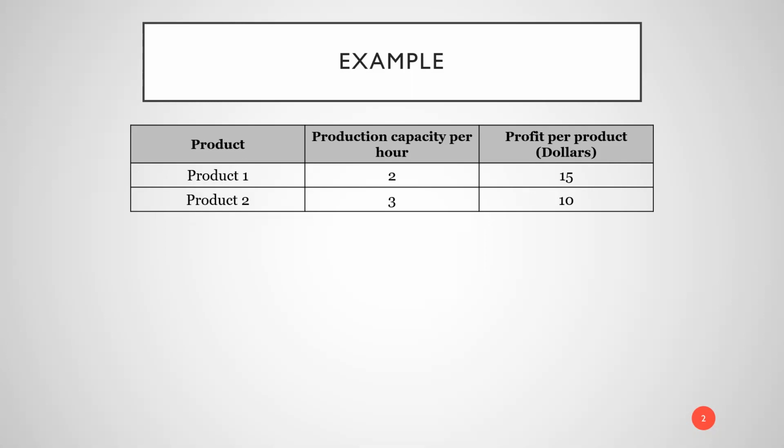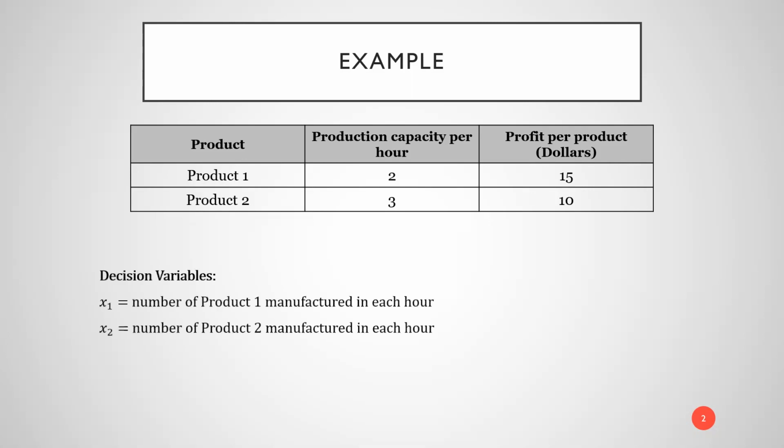And the question is, how much of these products should we produce to maximize the profit of the factory? Very simple problem. First, we define the decision variables as x1 and x2. x1 is the number of product number 1 manufactured in each hour, and x2 is the number of product number 2 manufactured in each hour.